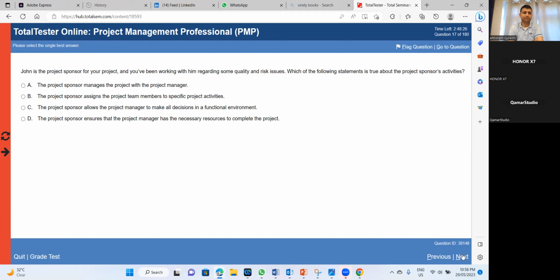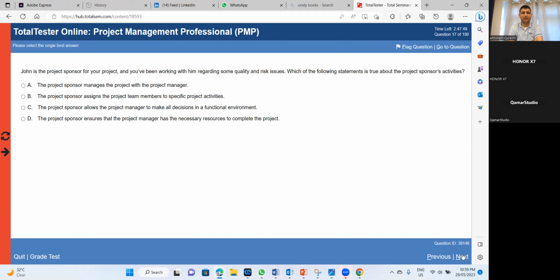So what are the activities of the project sponsor? He cannot assign the project team members, so the second is not the option. Even C, to make the decision, because the project manager itself is not making decisions. Read in full: project sponsor allows PM to make decisions in a functional environment.